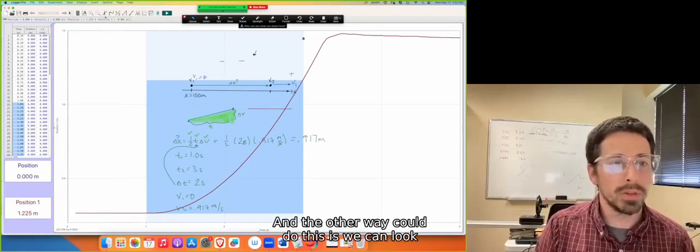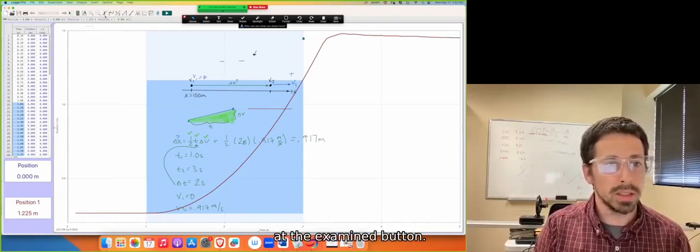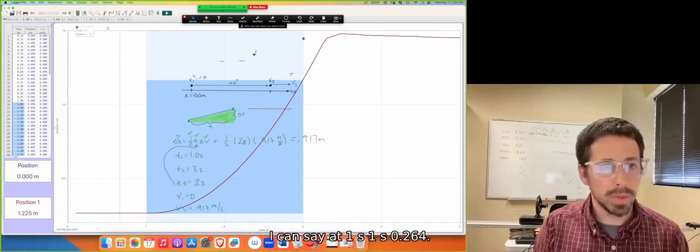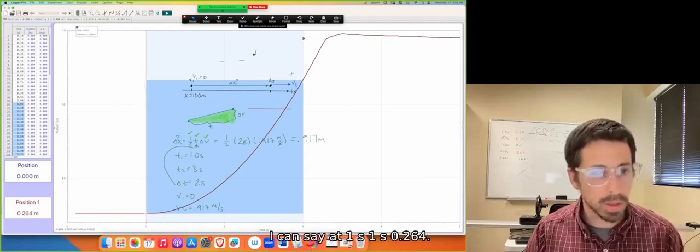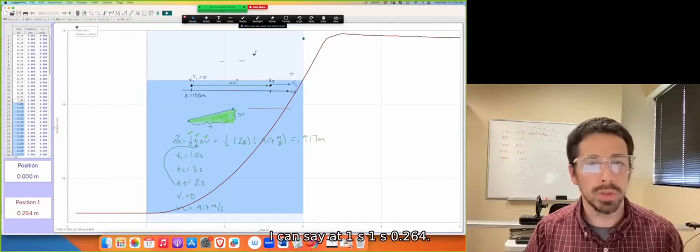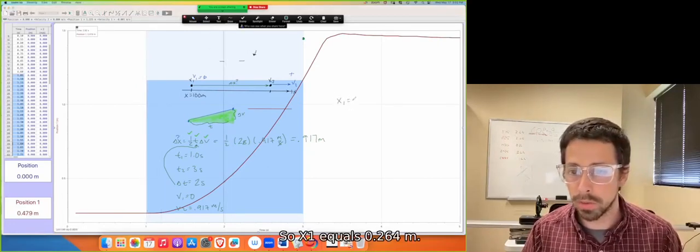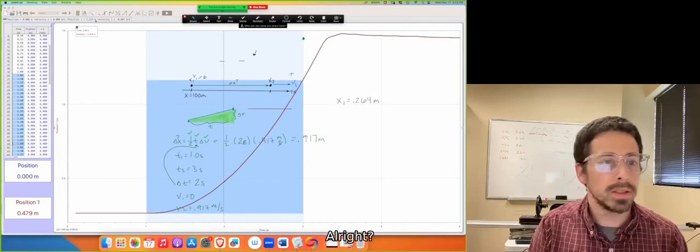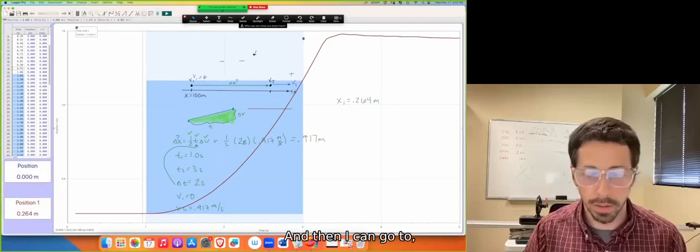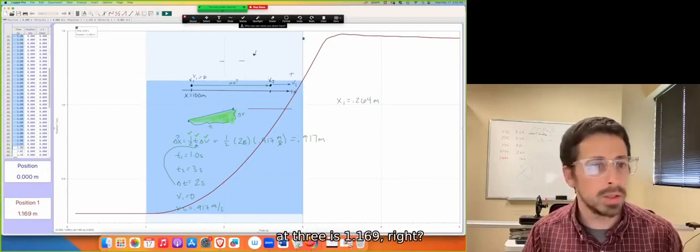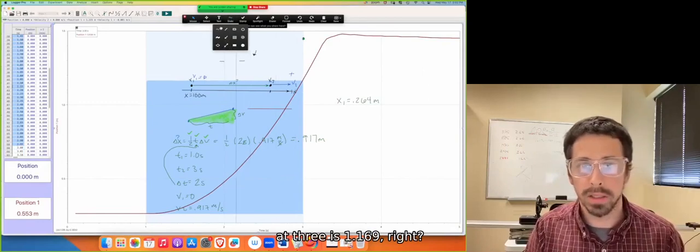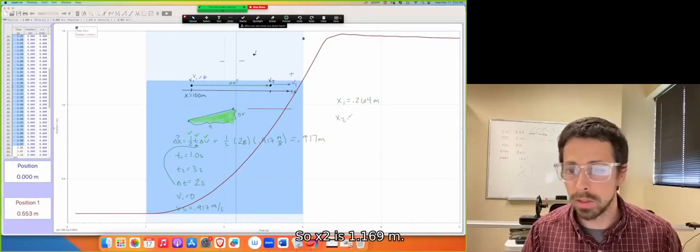The other way we could do this is we could look at the examine button. I can say at 1 second, 0.264, right? So x1 equals 0.264 meters, right? And then I can go to at 3 is 1.169, right? So x2 is 1.169 meters.